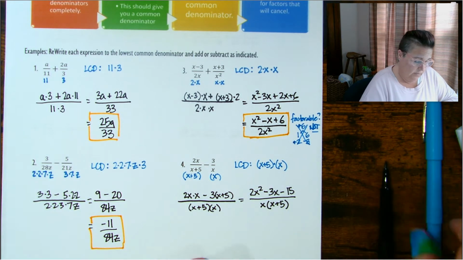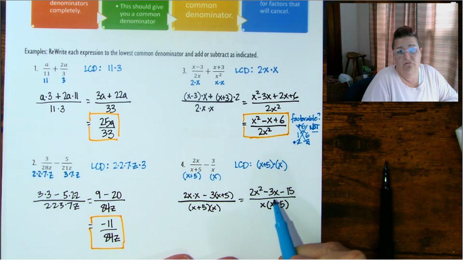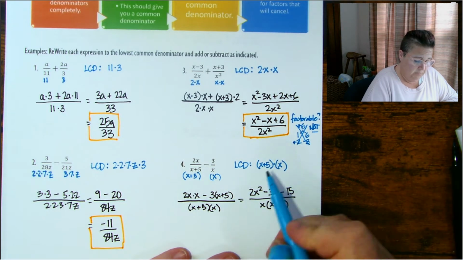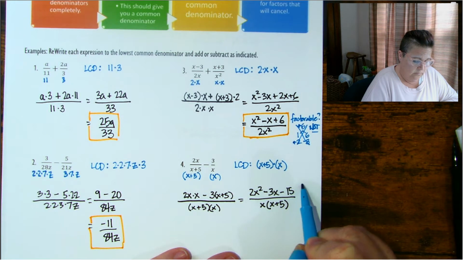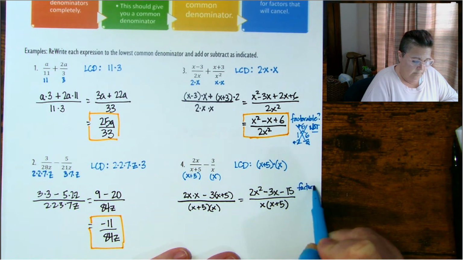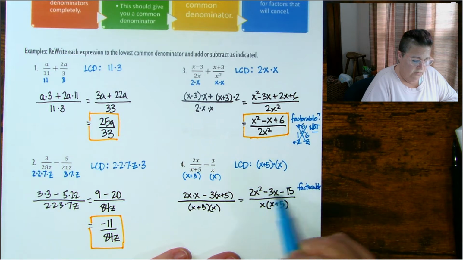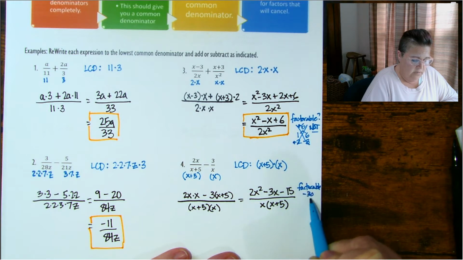Okay, now this is a trinomial, just like the ones we've been dealing with before. So I need to look at, is this factorable? So 2 times a negative 15 is a negative 30, which would be a negative 30 and a 1, a negative 15 and a 2, a negative 10 and a 3, a negative 6 and a 5.